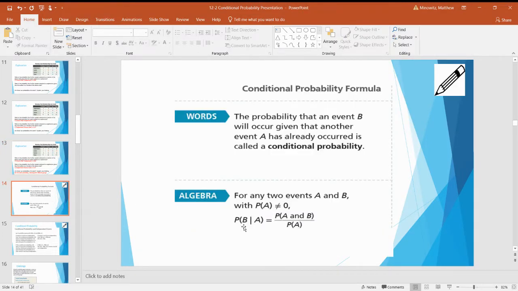So the probability of B given A, here's a formula for it, and we'll analyze how this formula works: the probability that they're in A and B over the probability that they're in A. In the last example, we didn't use probabilities, we used raw numbers. So we looked at how many students were in drama and sophomores over how many sophomores.